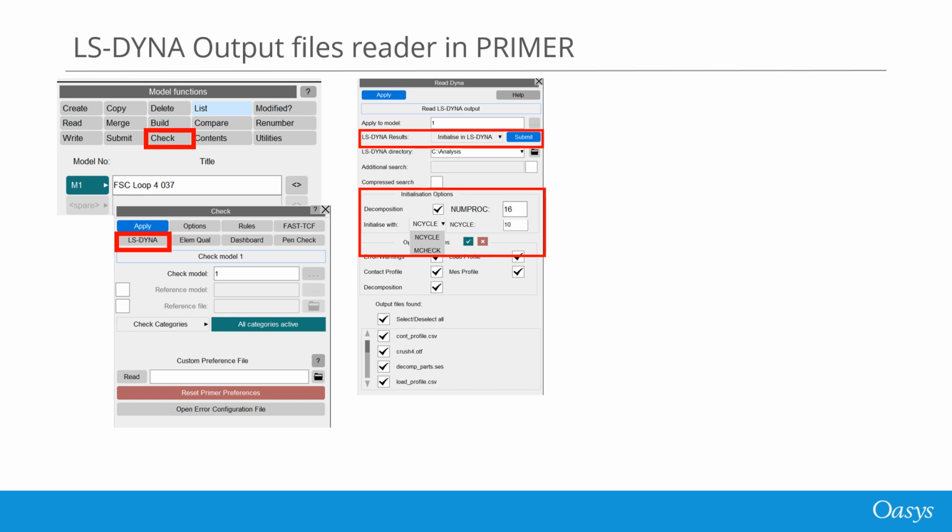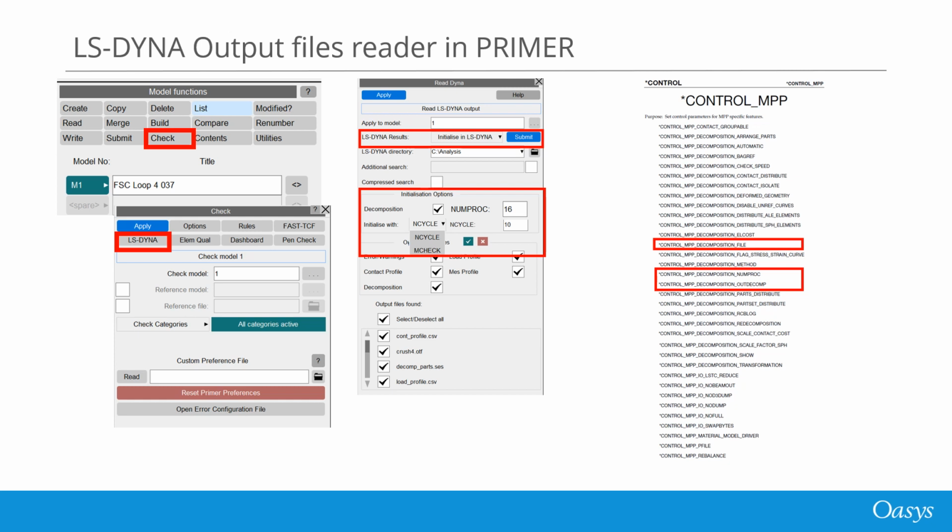So while we are not running the LS-DYNA model locally on 16 CPUs, setting this numproc value to 16 tells LS-DYNA to carry out the decomposition over 16 CPUs so you can visualize the results accordingly. To facilitate this, the Oasys Primer adds these three star control MPP keywords in the model before sending it for LS-DYNA simulation.